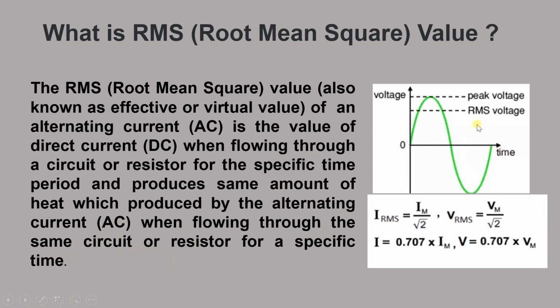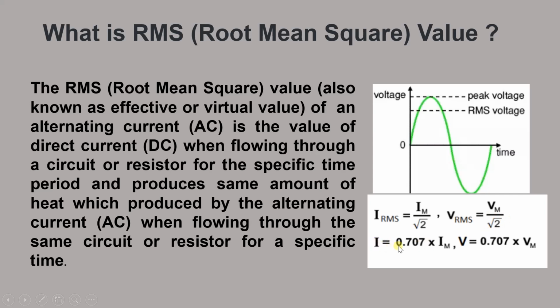This figure shows the RMS voltage. This green waveform shows one cycle, and this shows the RMS value, where IRMS is equal to Im upon under root 2. Im is the maximum value of the current. And the voltage VRMS is equal to Vm upon under root 2.